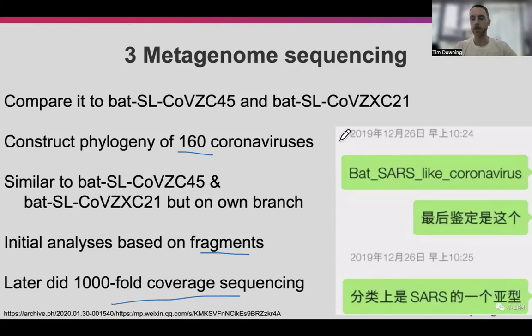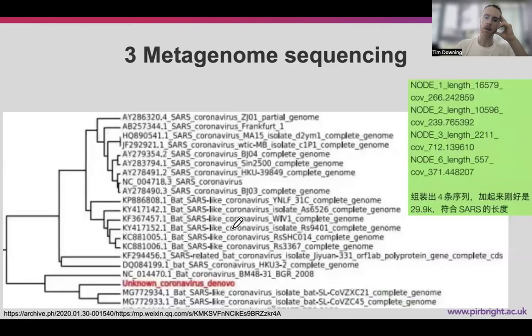So you can see they were able to gradually over time get more information on this, including a tree identifying that there was some unknown coronavirus that had this phylogenetic position that was quite conserved in subsequent analyses.